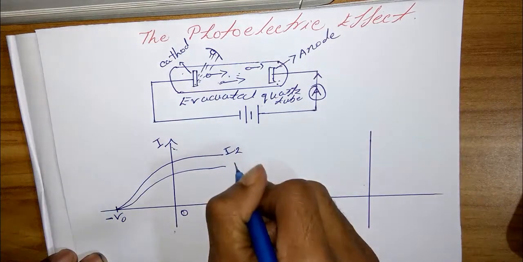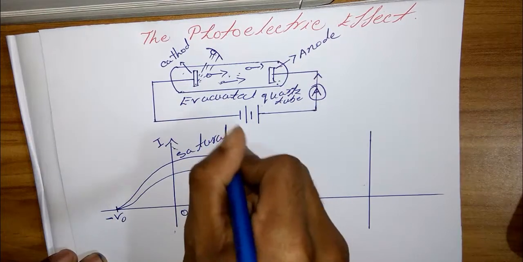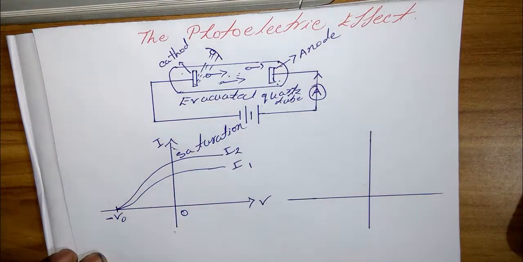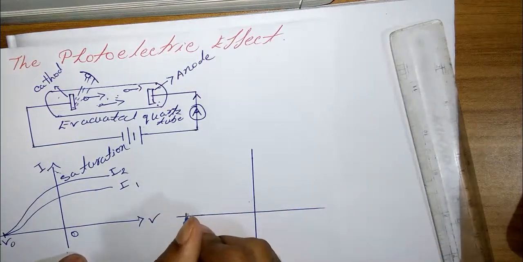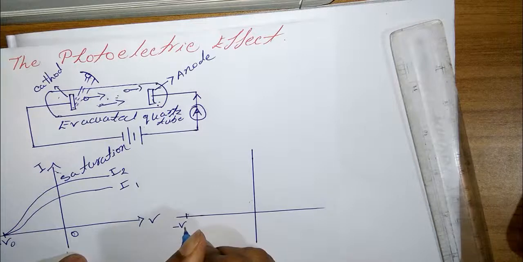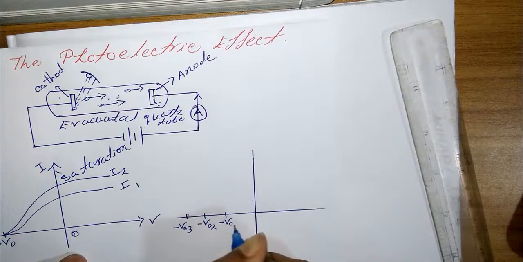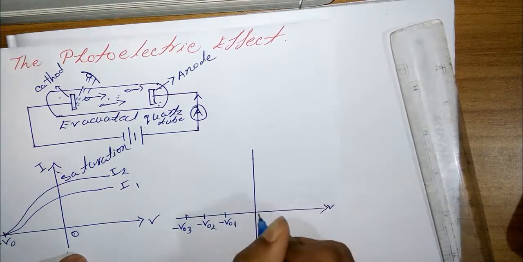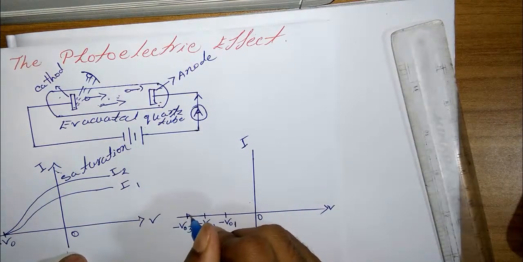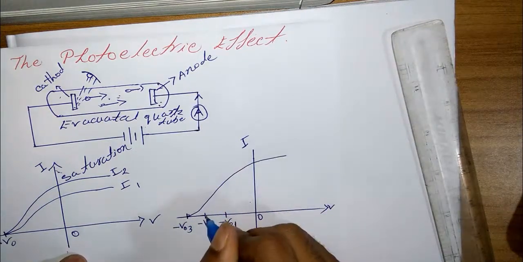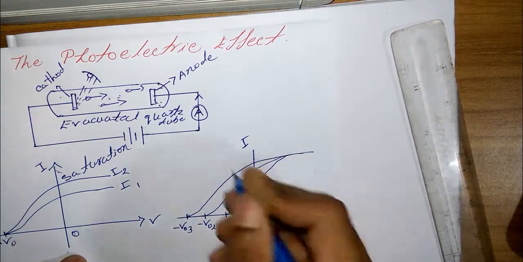This is I2 and this is I1, that's the saturation. After that, here is minus V03, minus V02 and minus V01. That's V0 and that's I. After that, the saturation is like this.